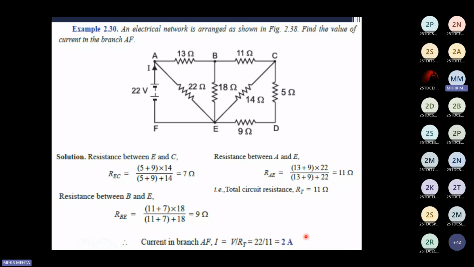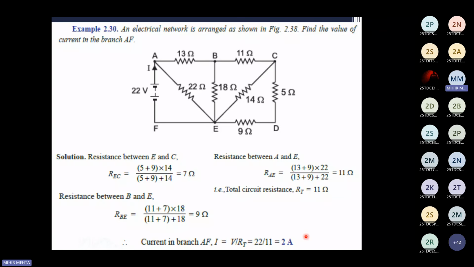Also make sure that whenever you write your answers, whether it is resistance, voltage, or current, please make sure that you have written units with your answers so that there is no scope of deduction of marks at any particular step. Make sure you have written your formulas, make sure you have written your units. That helps the examiner understand how you have reached a particular step.